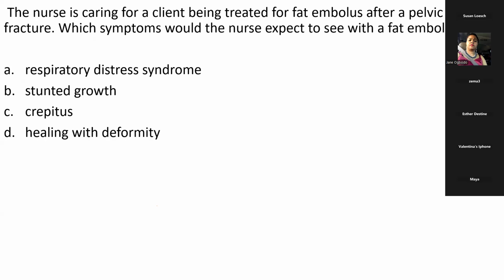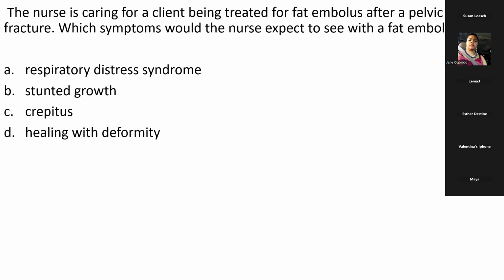And the cause of it is what? Was it not stabilized correctly? Yes, it was not immobilized correctly when they moved them. Okay? So this is going to move like any other emboli.